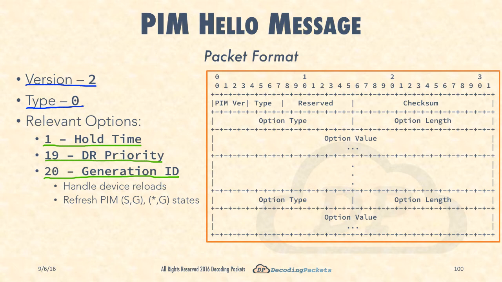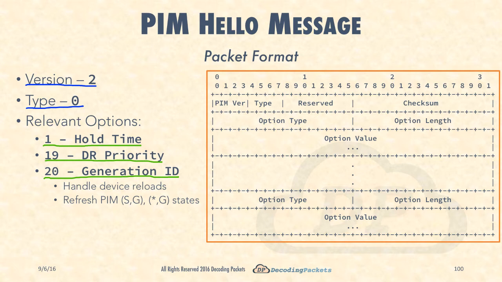This is the field that will handle those to allow you to do a graceful restart on the PIM process. And what happens is, in case of a supervisor switchover or a PIM process restart, the next time the particular neighbor that went through the restart generates a hello packet, it will have a new generation ID. So it's a pretty long string, so there would be a unique generation ID that would be used after that restart.